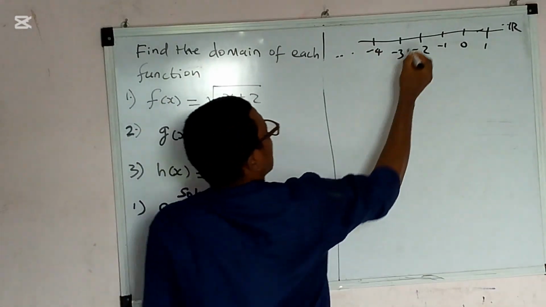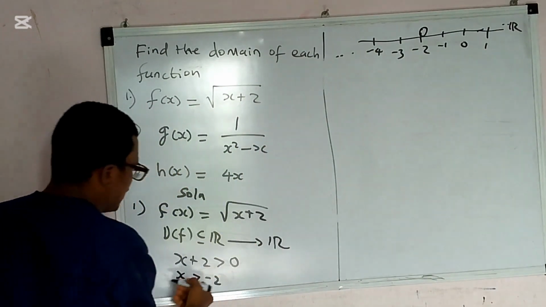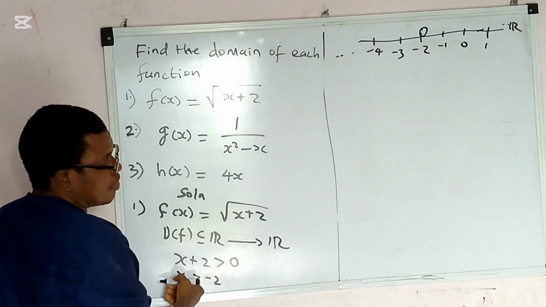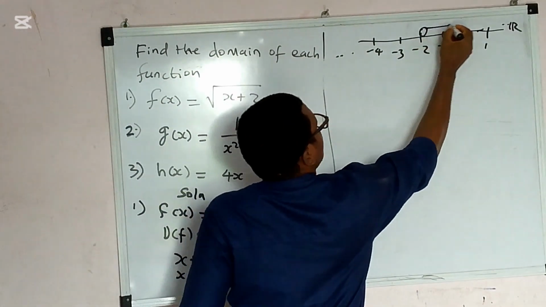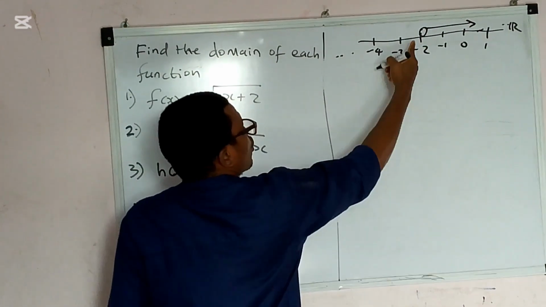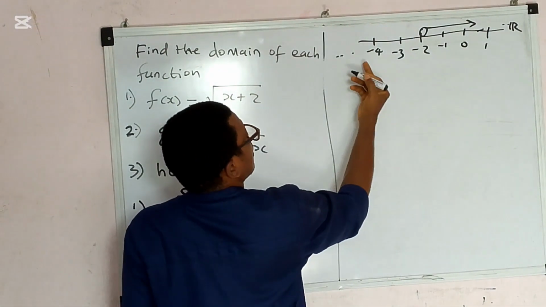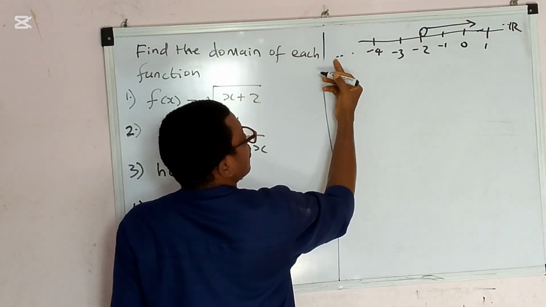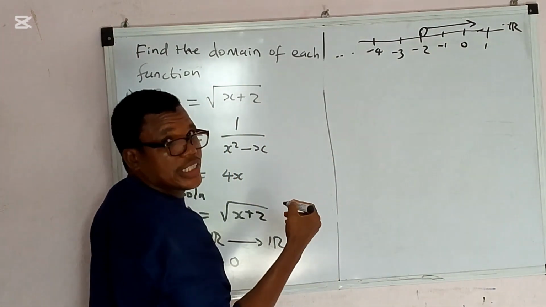So you discover that the values of x that will make meaning must be greater than minus 2. So these are the numbers to the right of minus 2, excluding minus 2. In other words, all the numbers from negative infinity up until minus 2 will not make meaning.